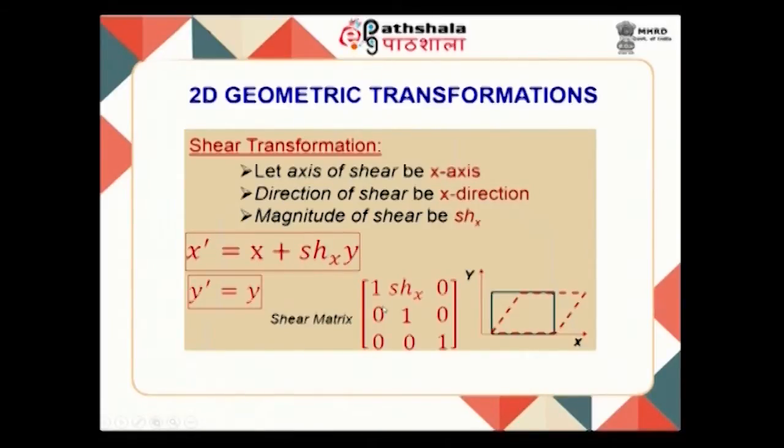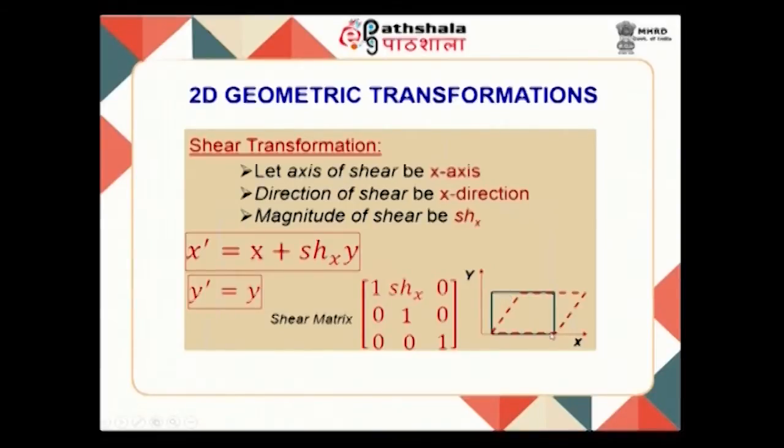If you look at the matrix for the shear, it is 1 SHX 0, 0 1 0, and 0 0 1. This is called the shear matrix when the shear axis is the x axis, the direction of shear is the x direction, and the magnitude is SHX.